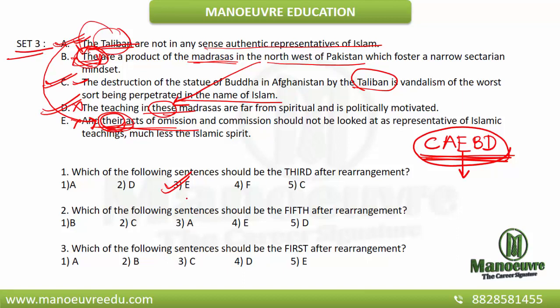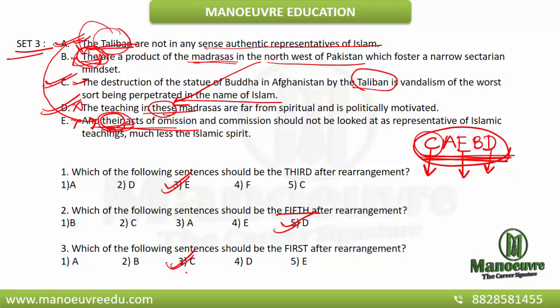So 3E is our right answer. The second question: which of the following sentences should be fifth after rearranging? It is statement D. And the third question: which of the following sentences should be first after rearranging? It is C. So C is going to be first after rearranging.